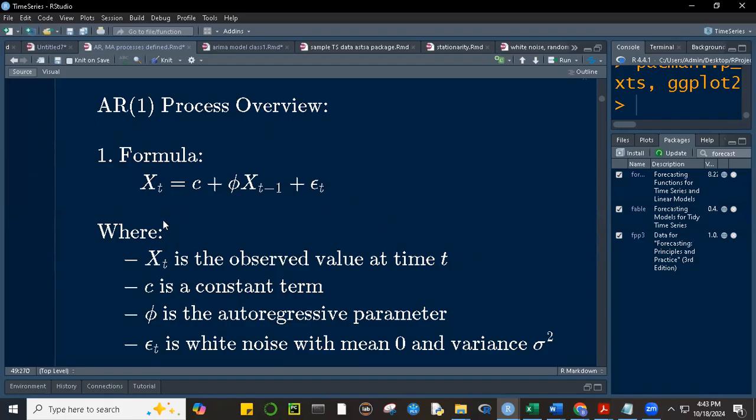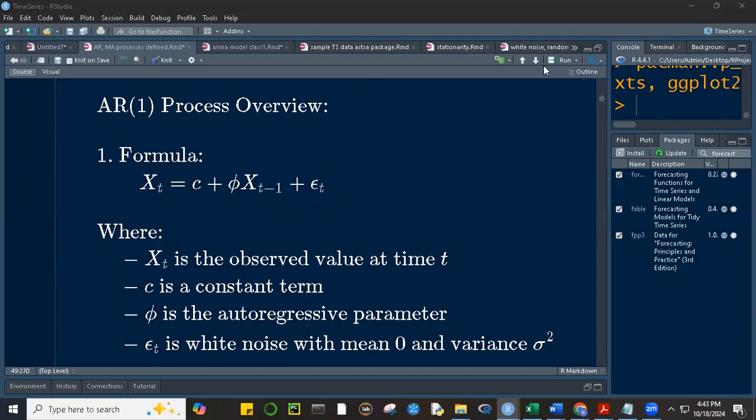Okay, now here the standard formula is you have this constant, and then you have this error term. This constant, of course, is just a number, and we'll take a look at what this means later on. This phi is your parameter.